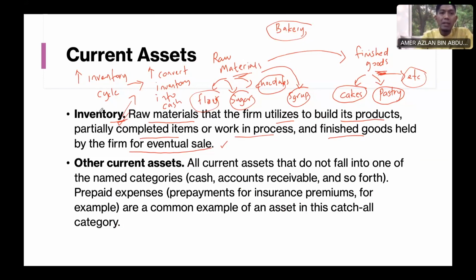A bad ataupun a very slow inventory cycle means you are not able to convert your inventory into cash. Very slow. You bought the raw materials today and no demand for your cake because people don't like your cake. It's tasteless. All right. Maybe every month you only sell one cake saja.